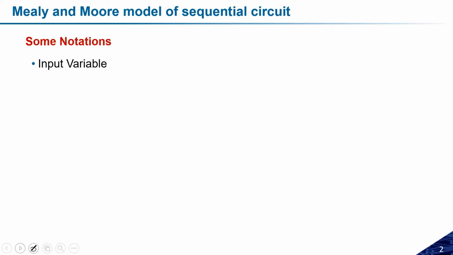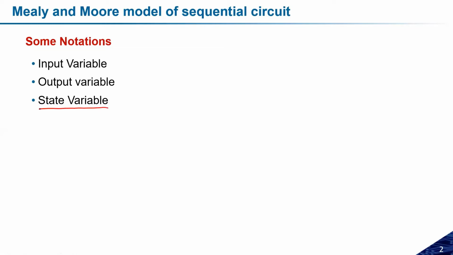The input variables are all the variables required for the sequential circuit that are fed into the circuit. Output variables are all the variables that are produced by the sequential circuit. These are simple things.